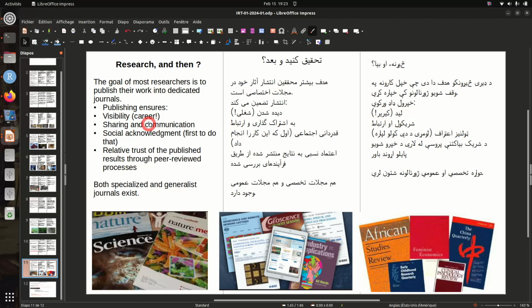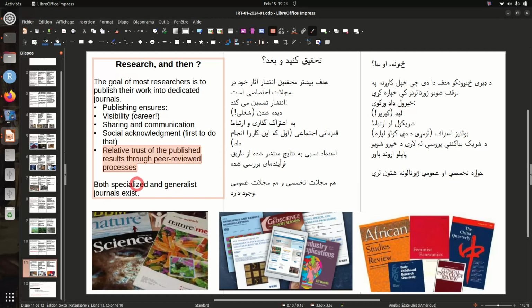Of course, it's for sharing and communication, because ordinarily there are hundreds of people working on similar subjects, so it's important that you share your results. There is an aspect of social management, so that I was the first one to do that. And one aspect that is probably one of the most important after the transmission of the knowledge is the trust of the result. So when you have a result that is sent from someone else, how do you trust it?